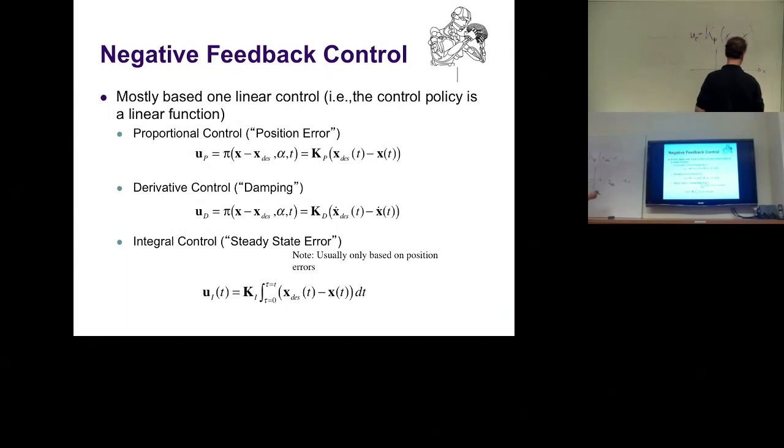It means if you're here, then x desired minus x, this point here, is going to be greater than 0. If it's greater than 0 and you multiply this with a positive constant, then you create a force which pushes you towards the goal. Perfect.